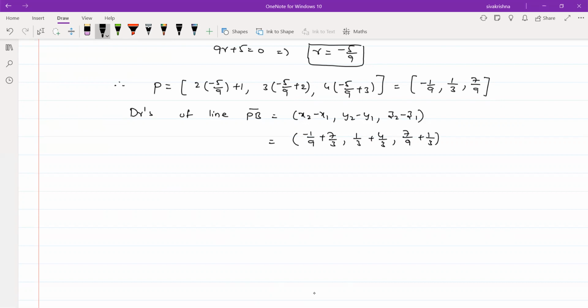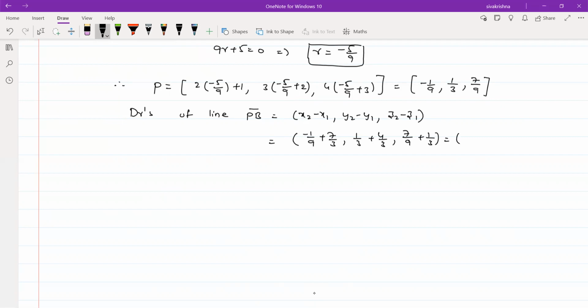Here I have treated the point p as x2 y2 z2 and the point b as x1 y1 z1. So x2 minus x1, minus 1 by 9, minus of minus means plus 7 by 3. In the same way, 1 by 3 minus of minus, we get plus. Similarly, 7 by 9 minus of minus, we get plus. These are the drs of the line pb.